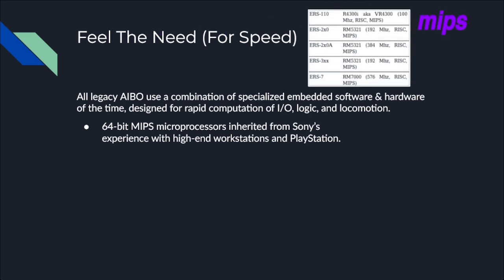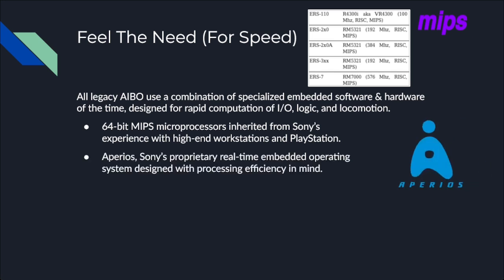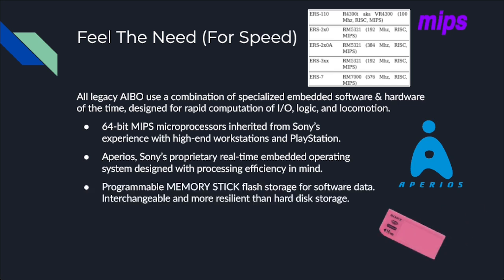They were already using them in PlayStations and some high-end computers. They already had an operating system in development for that. It's called Aperios, specifically designed for rapid processing. They just hacked it up, put it in the robots and called it a day. And to top it off, they already had a storage format, the memory stick, because they thought, why not put the thing we used for photos in the robots? Said someone at Sony when designing this.